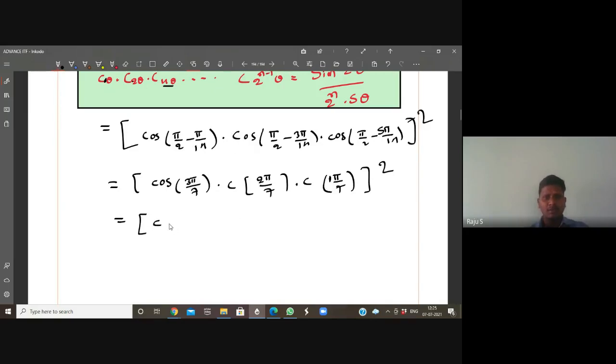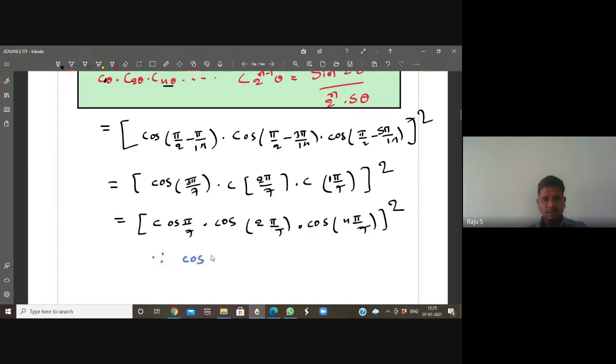Okay, first I want to write cos pi by 7, cos 2 into pi by 7, cos, shall I write 4 pi by 7? Is it cos 3 pi by 7? Shall I write it like this?